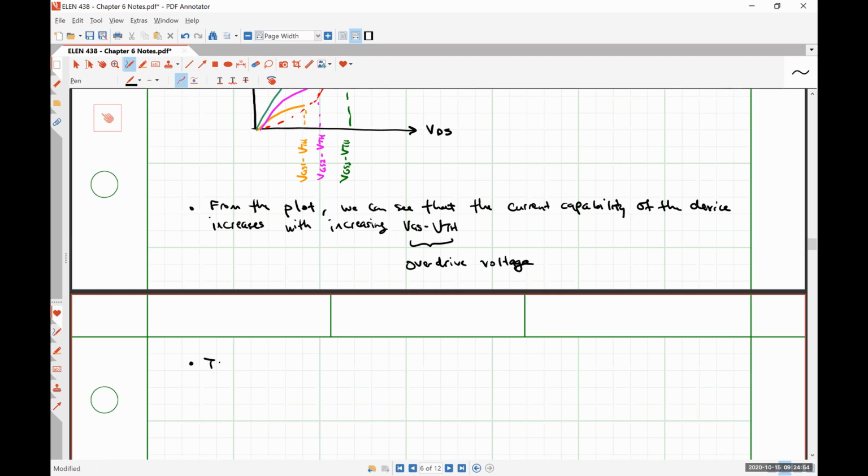So if VDS is less than or equal to VGS minus VTH, the device is operating in the triode region. This name is an artifact of the behavior of old school vacuum tubes.